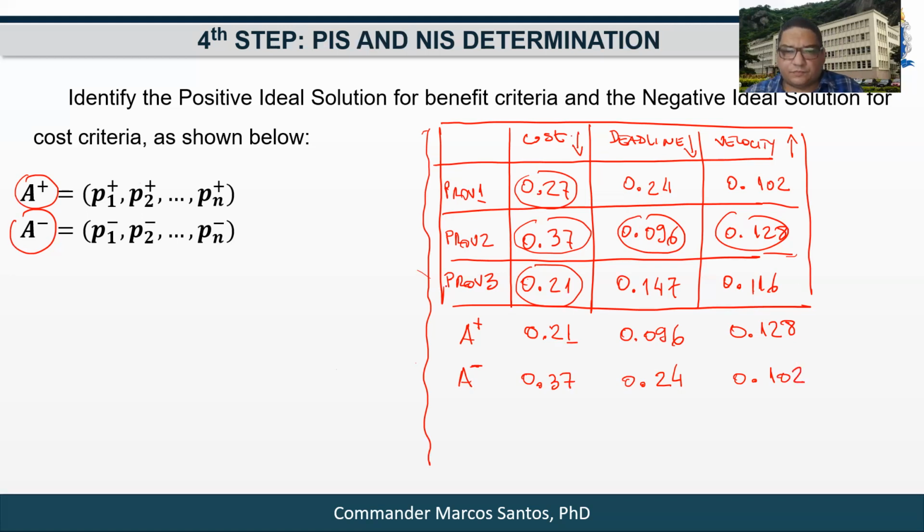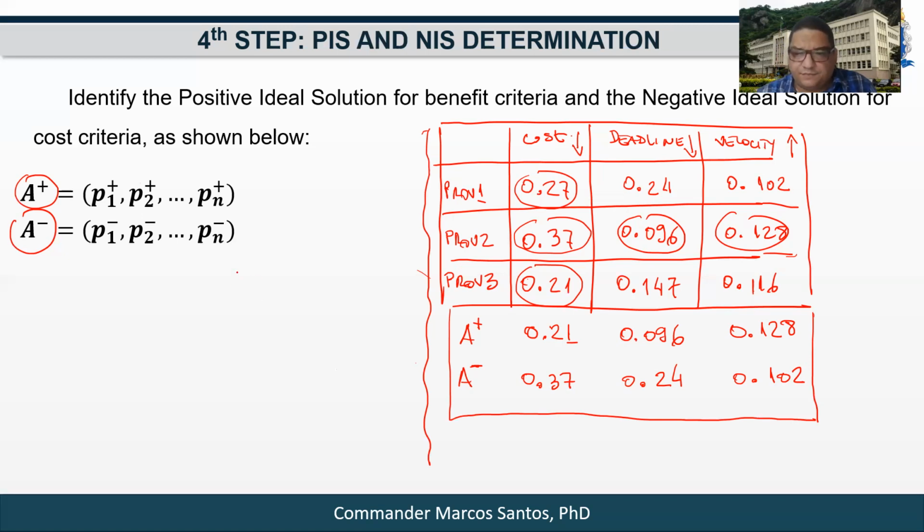So now I finish this step. I finished this step with the positive ideal solution.